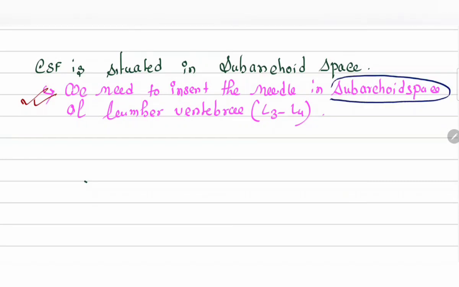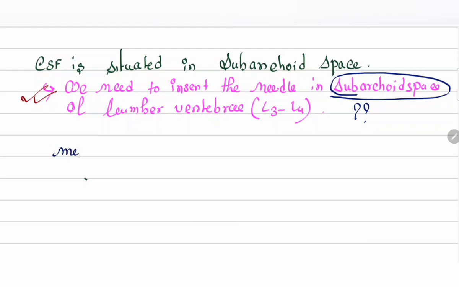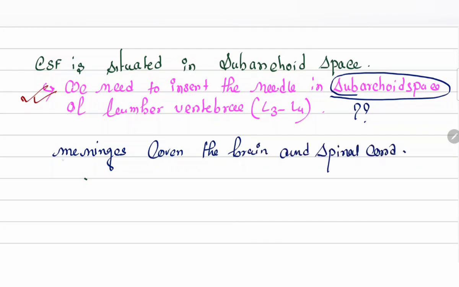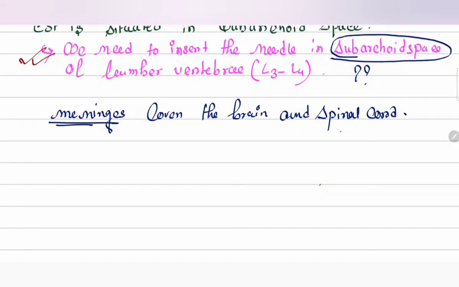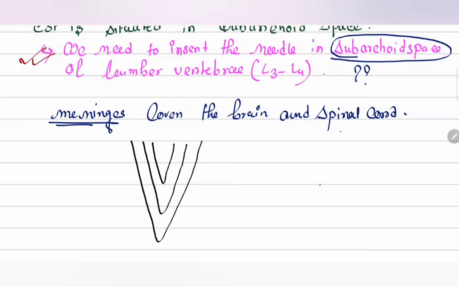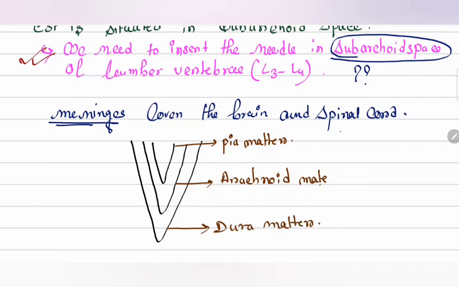So now we need to know what is the subarachnoid space. We all know meninges cover the brain and spinal cord, and this meninges has 3 layers. For better understanding I draw a diagram. Meninges has 3 layers. Innermost layer is pia mater, middle layer is arachnoid mater, and outermost layer is dura mater.